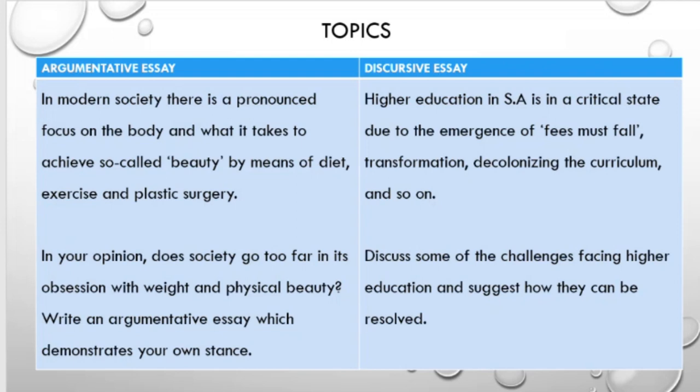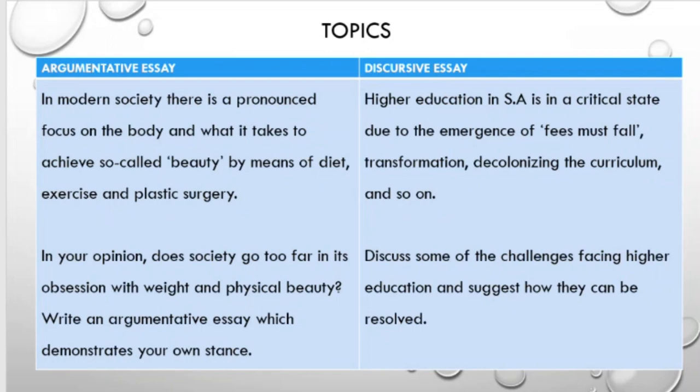Mduduzi wrote, there is obsession in society about weight and physical beauty. Some people exercise and eat according to a diet menu. Okay, so he's just giving us what other students may, that there is obsession, he is taking the opposite end.